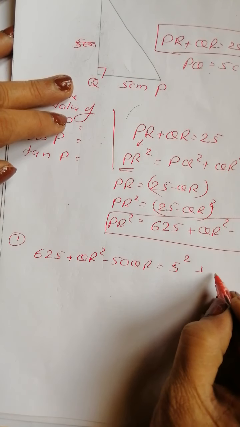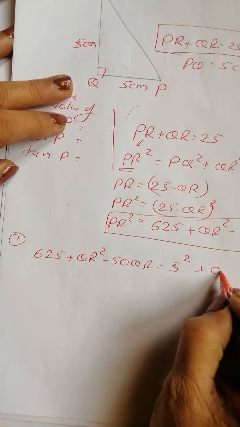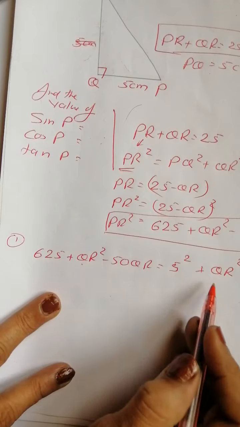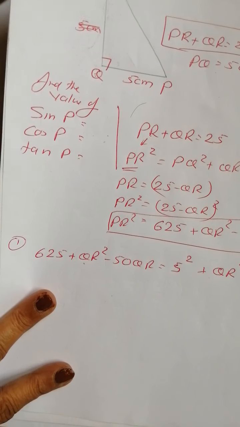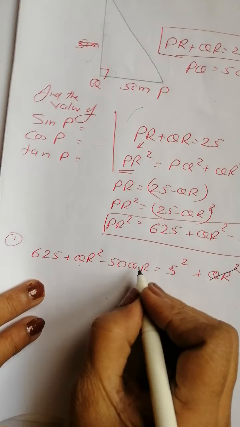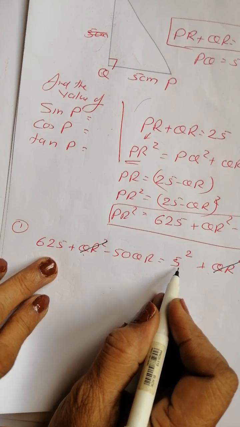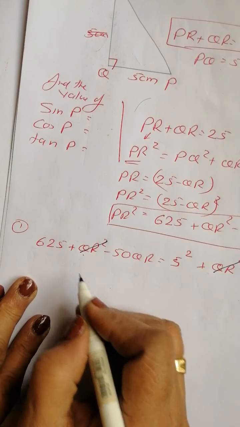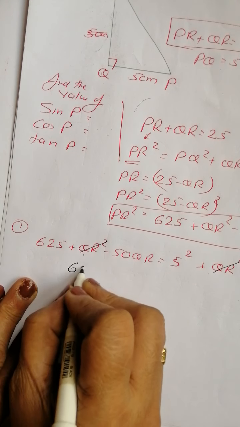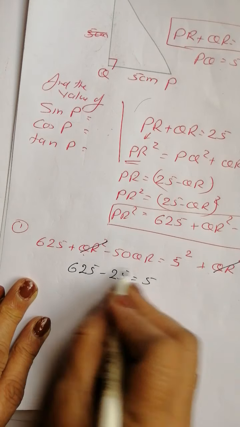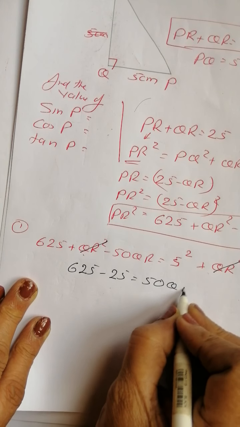Now look, QR square is here and QR square is there, so it's easy to cut them. Is it not? Now what is 5 square? 25. Bring this side. You will get 625 minus 25 is equal to 50 QR.